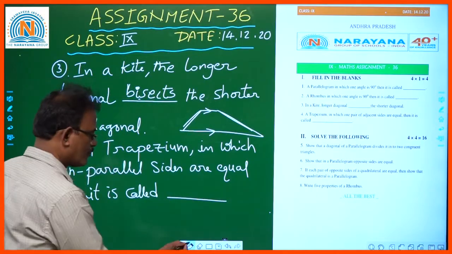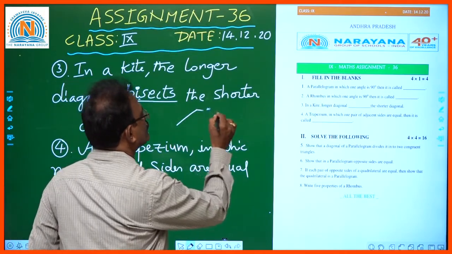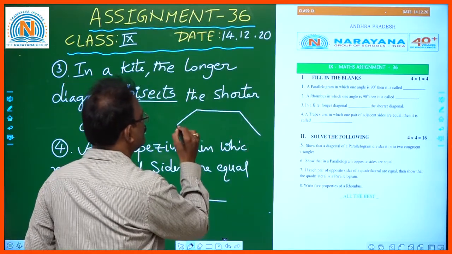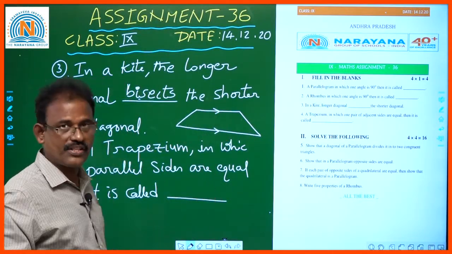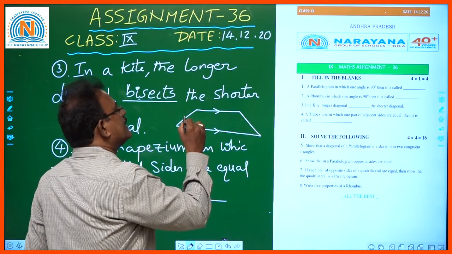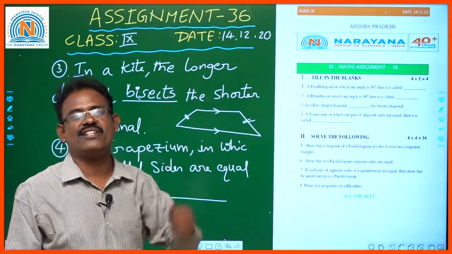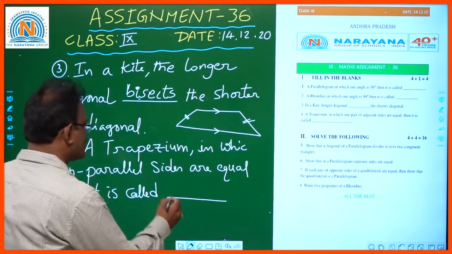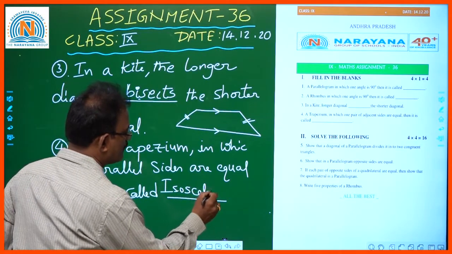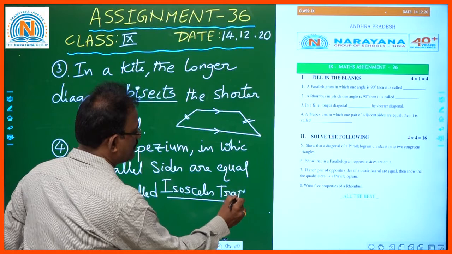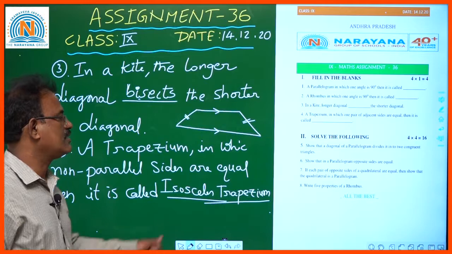But if so, here these two are parallel, so it is a trapezium. Now, non-parallel sides are equal, so it is called an isosceles trapezium. As two sides are equal, it is called an isosceles trapezium. Okay, this is our fourth one, children.